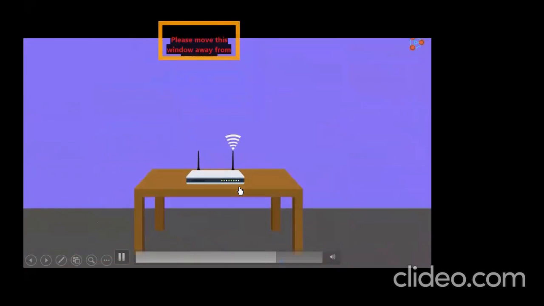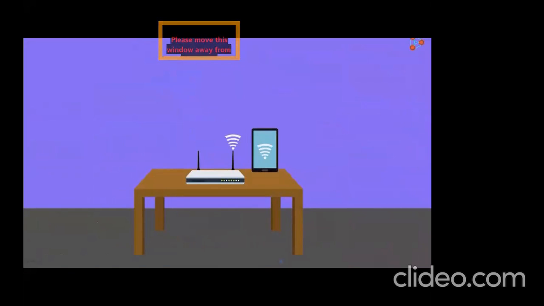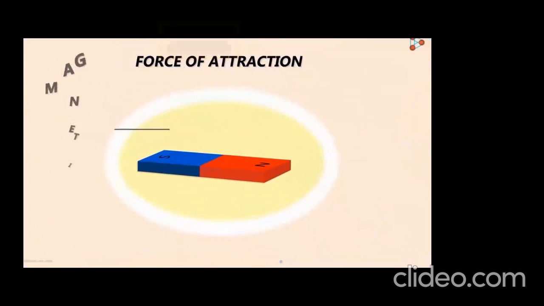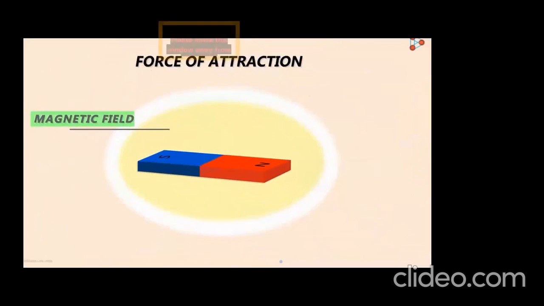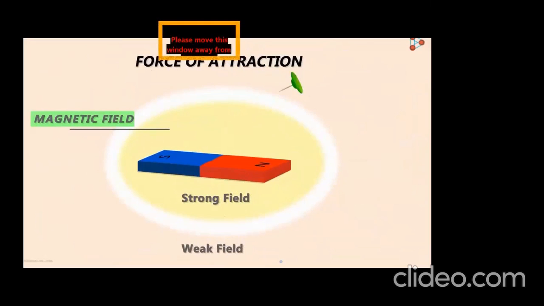The example of the magnetic field is the same as when we use a Wi-Fi connection or mobile phones, where we cannot see any field around them. But they work, they are invisible. We cannot see the Wi-Fi, but our cell phones and electronic devices are connected to it due to the Wi-Fi signals.